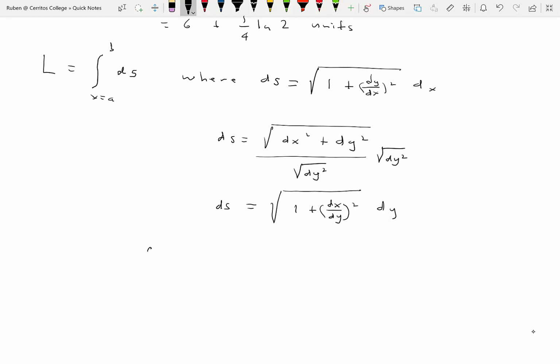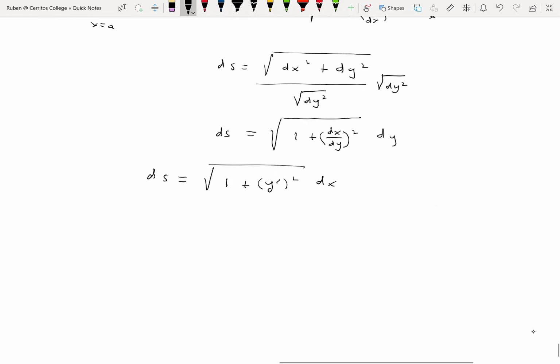So the bottom line is that we have two different differential elements of arc length. 1 plus y prime squared dx, and that allows us to find the total arc length by integrating with respect to x, or 1 plus x prime, that means dx over dy squared dy, and that allows us to integrate with respect to y.